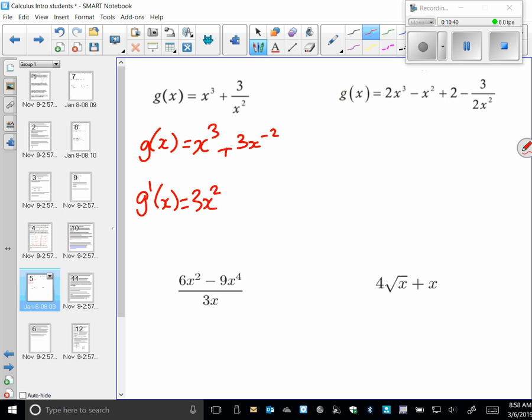Negative 5 or 6? Which one is it? With multiplying, remember? Negative 3. Good. So it's minus 6x to the power of negative 3.